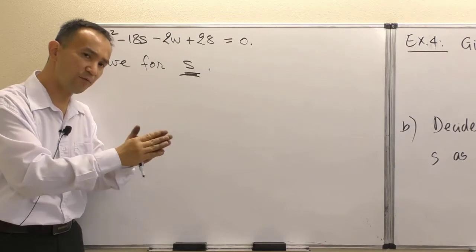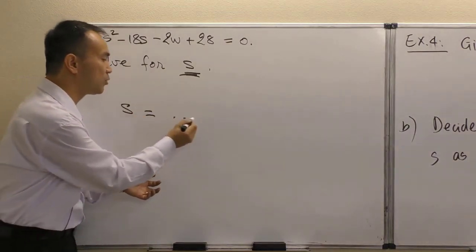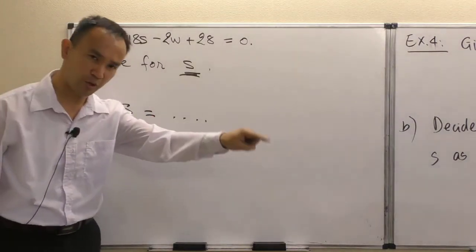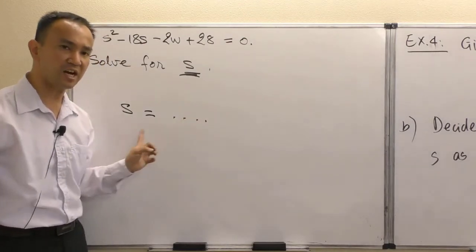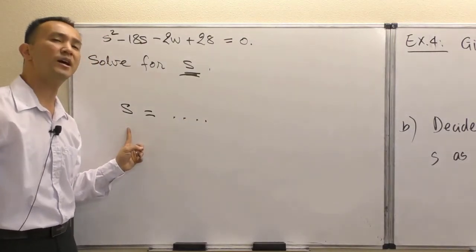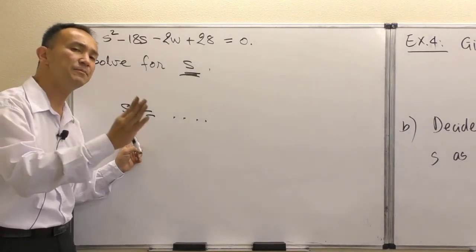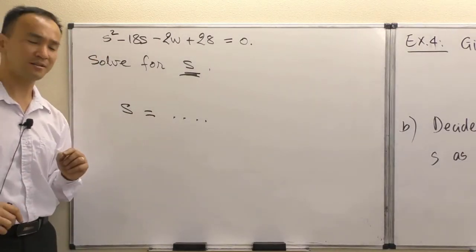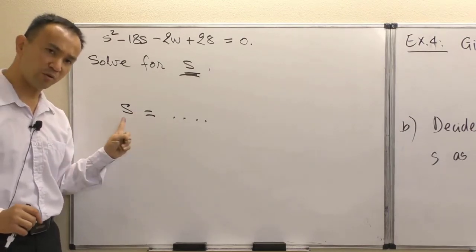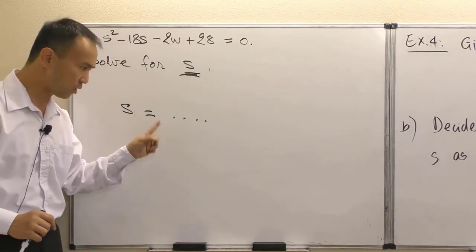Once we solve for S, having S stand by itself and equal some expression of W, then the expression in terms of W will be the one that decides the final value for S. That's consistent with the fact that S is the dependent variable. We want one single S variable equals an expression.